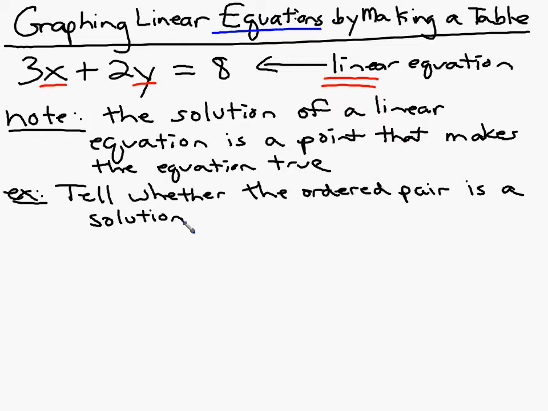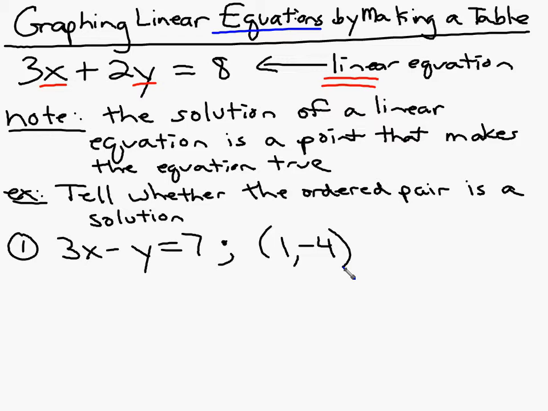They're going to give you an equation like 3x minus y equals 7, and they're going to put a semicolon like that. And they're going to give you a point, an ordered pair, like 1, -4.